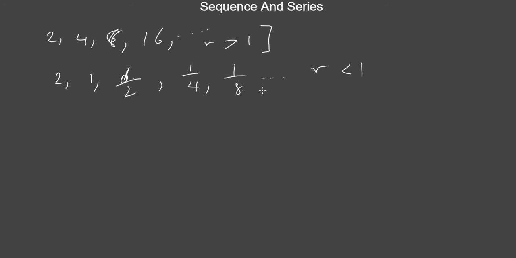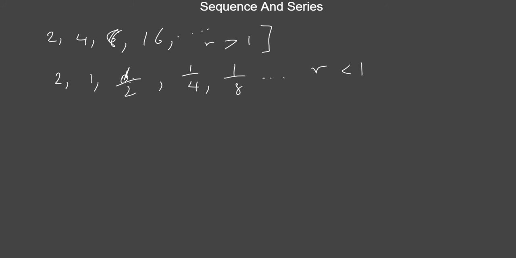But if you sum the second sequence, you may not get infinity because this sequence converges towards 0. Converges means it's driving itself towards 0. And because it's driving itself towards 0, you can add them up. You can add something that is getting smaller, but you can't add something that is getting bigger, because if it goes bigger forever, the sum will be infinity. If it's getting smaller, at some point it's going to disappear into 0.